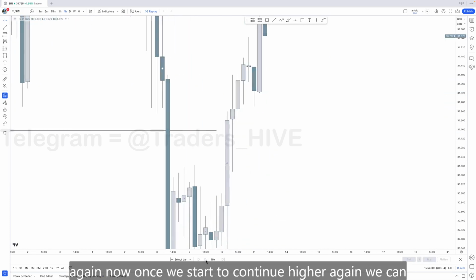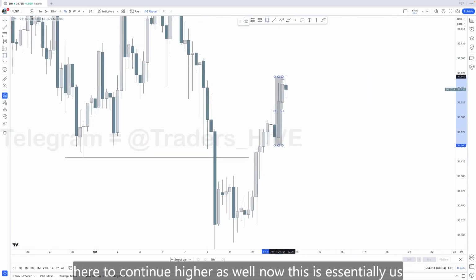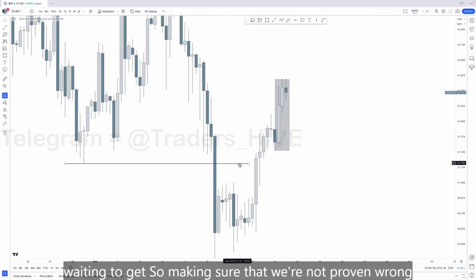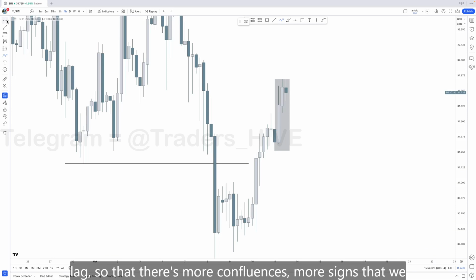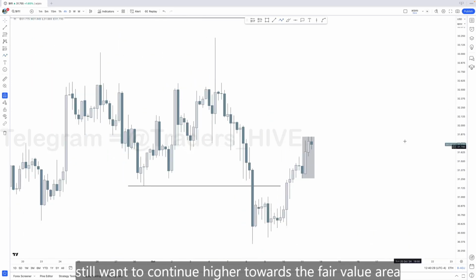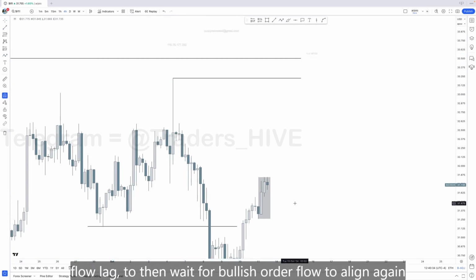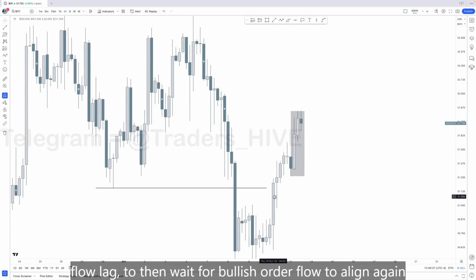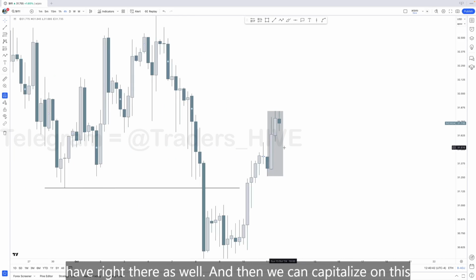Now, once we start to continue higher again, we can simply start to capitalize on this bullish order flow right here to continue higher as well. Now, this is essentially us waiting, making sure that we're not proven wrong right there with that fair value area, the fake order flow leg, so that there are more confluences, more signs that we still want to continue higher towards the fair value area high right there as well, to make sure it's an actual order flow leg, to then wait for bullish order flow to align again with the overall bullish higher time frame objective that we have right there as well.